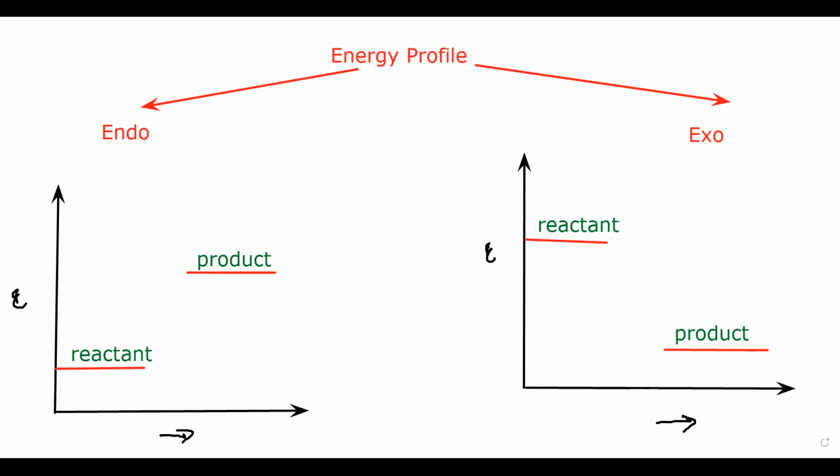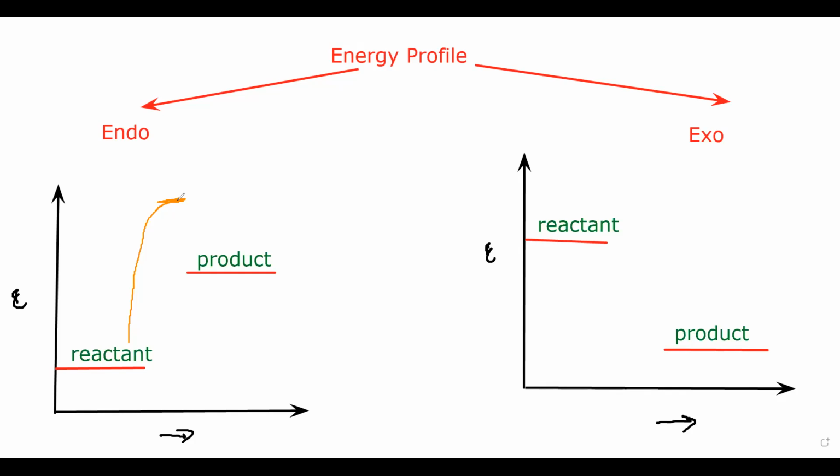So first, what happened when a chemical reaction occurs? Some of the energy is absorbed and some of the energy is released. So we always talk about the overall. First, the reactants have to absorb some energy to start the reaction.